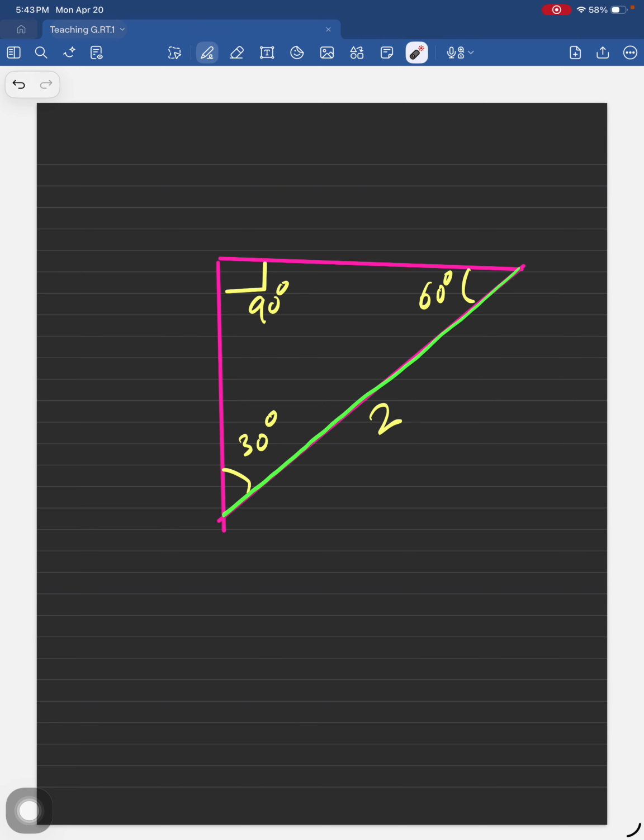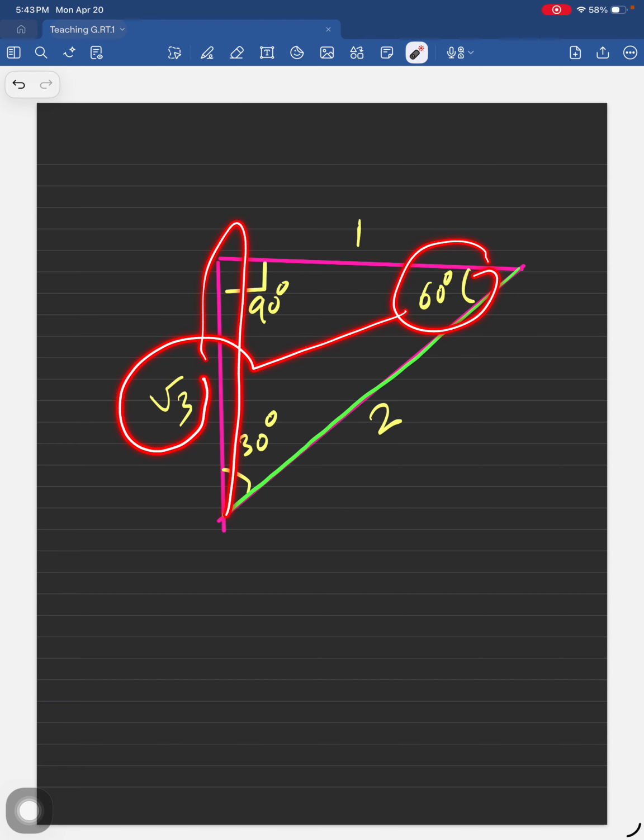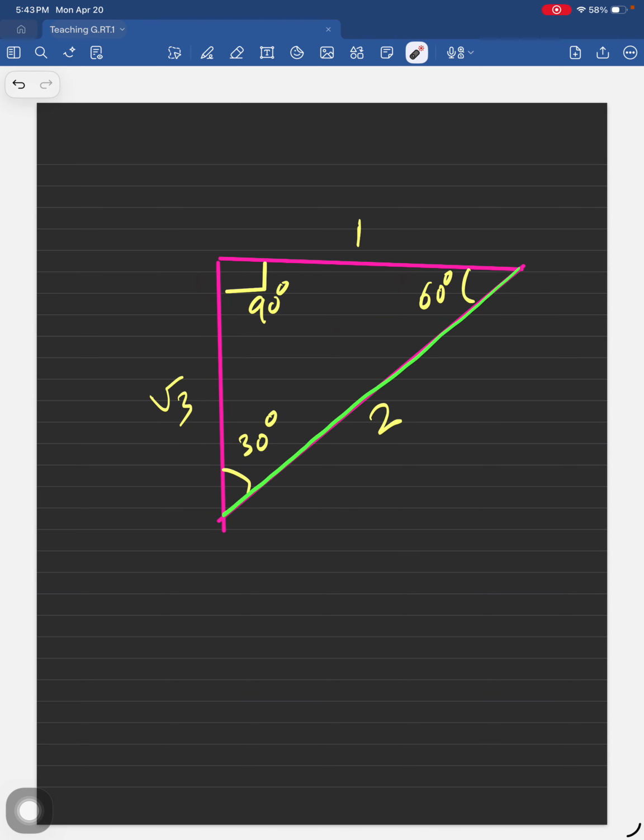And here is the intermediate between the small and the big one. And this side is square root of 3, and the opposite of the 30, which is the smallest one, is 1. So in this case, the furthest is square root of 3, and this side is the opposite of 60.